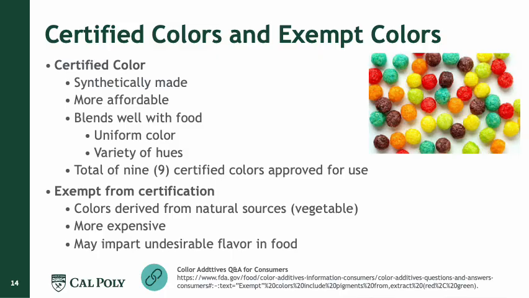Sometimes they are not stable to light, high temperatures, or the presence of oxygen, and their shelf life is shorter than certified or artificial colors. So we always have to find the balance between what consumers want, the cost, and also the quality of the final product.